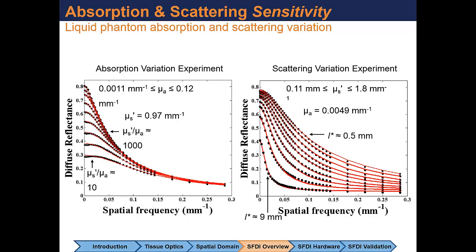And what's interesting is that when you go from low absorption, which is this top curve, to high absorption, there's a lot of contrast here at low frequencies. Conversely, at high frequencies, there's very little contrast between all the waves. They all kind of converge for high frequency.